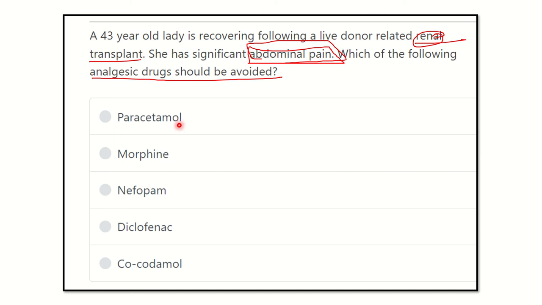We can see here paracetamol, morphine, nefopam, diclofenac and cocodamol, and we all know that NSAIDs are not kidney friendly and hamper the function of the kidney by inhibiting the prostaglandin.